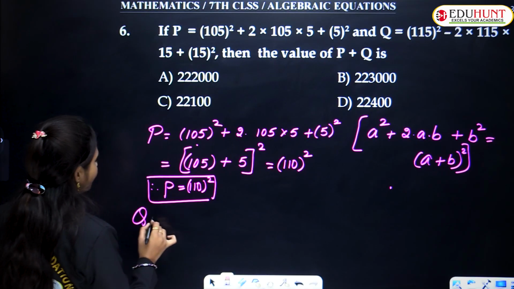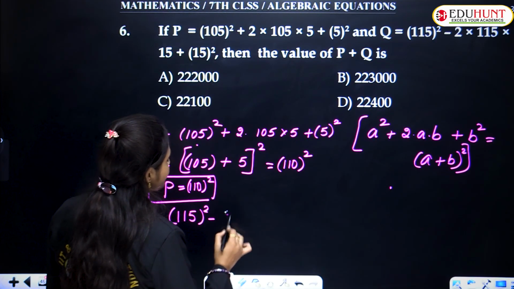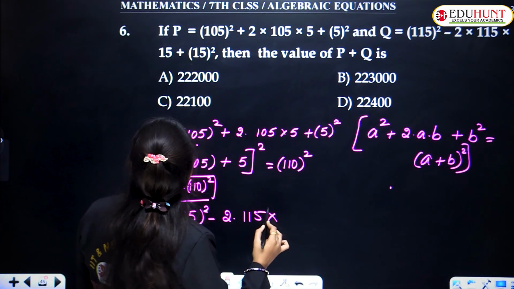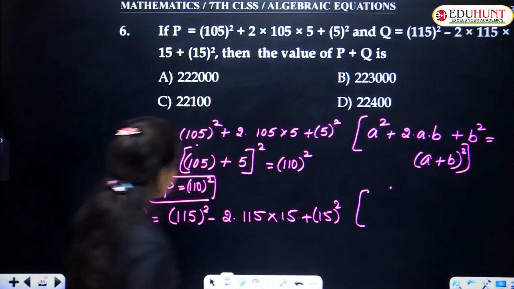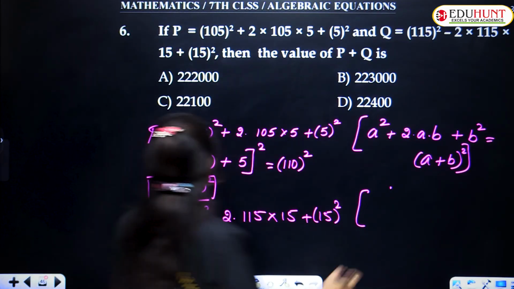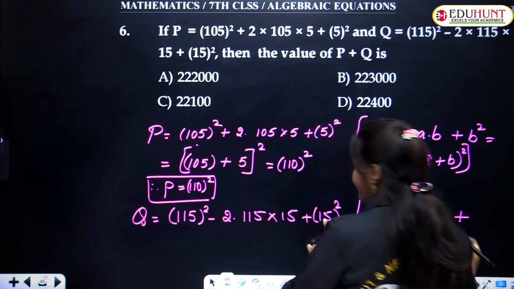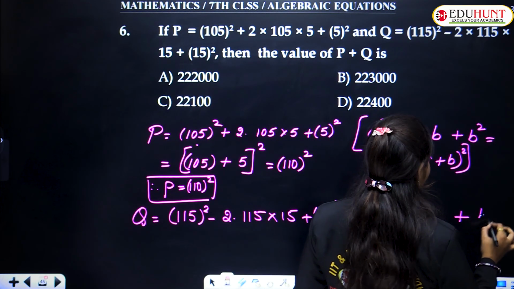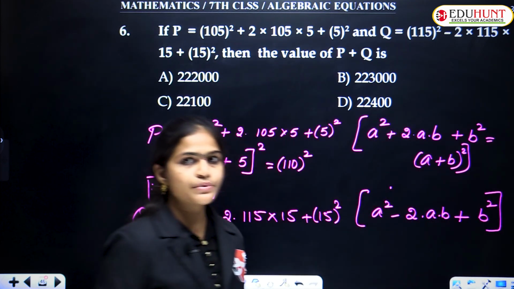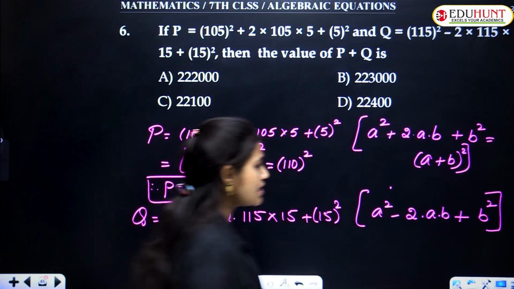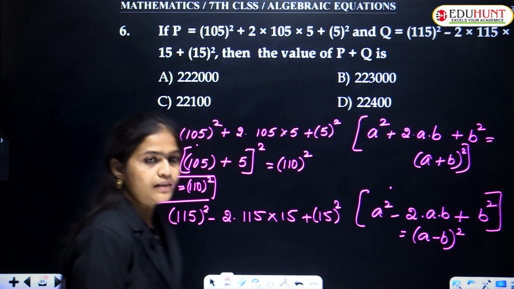Next Q. What is given for Q? 115 whole square minus 2 into 115 into 15 plus 15 whole square. Now compare this with A square minus, the last term 15 square is B square and the middle one is 2 into A into B. So A square minus 2AB plus B square is the algebraic identity of (A minus B) whole square.